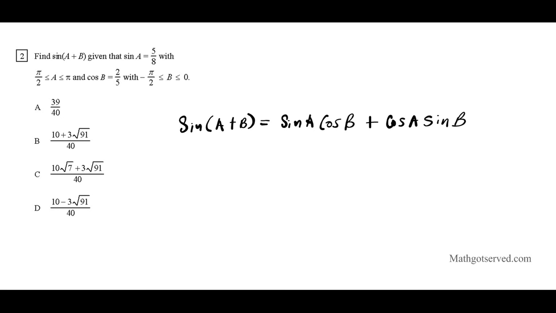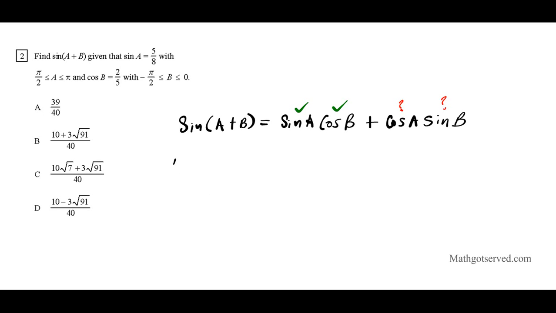If you look at this problem, you notice that we have sine A, check, and we have cosine B, check. We need to find cosine A and sine B. So we're going to use the Pythagorean identity on these two to find the other related trig function.